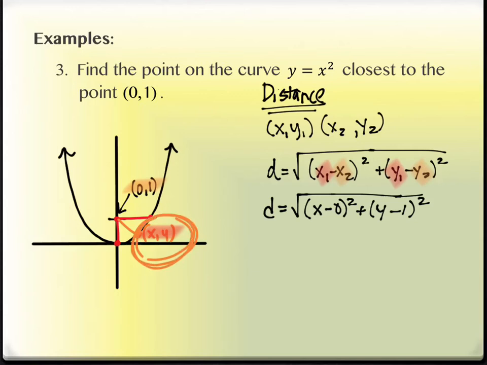Whatever this point is, there is a relationship between x and y. So in the problem, I can replace the y with the x squared quantity. So over here, this is now just x squared by itself because I've subtracted. And then I have plus x squared minus 1, squared, because y is x squared.